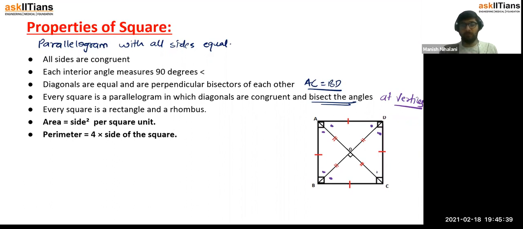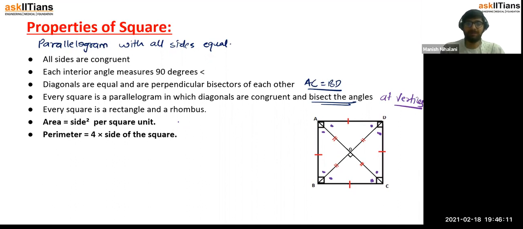Apart from this, we would say that every square is a rectangle also and a rhombus also, because in the previous class we had seen that rectangles have opposite sides equal and all angles 90 degrees. So all those properties of a rectangle are satisfied by the square, right? And all the properties of a rhombus are also satisfied by the square. For a rhombus, all sides are equal, and in a square all sides are already equal.